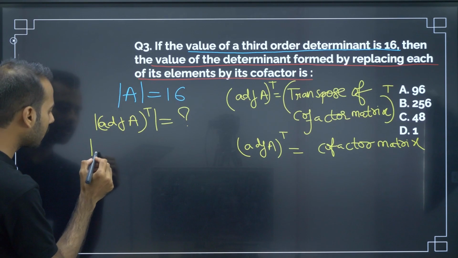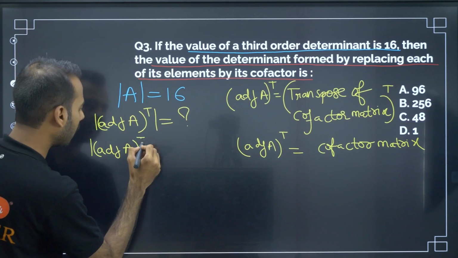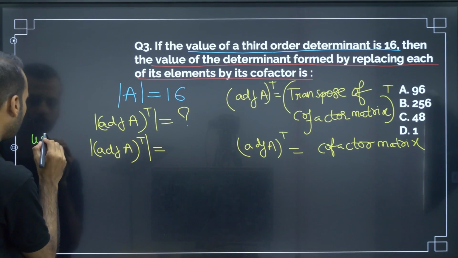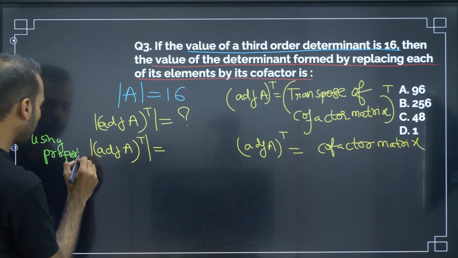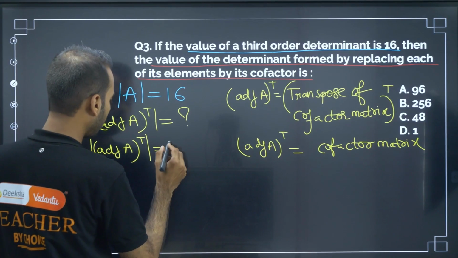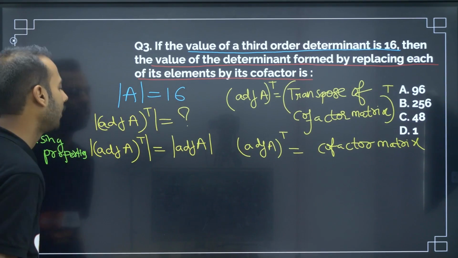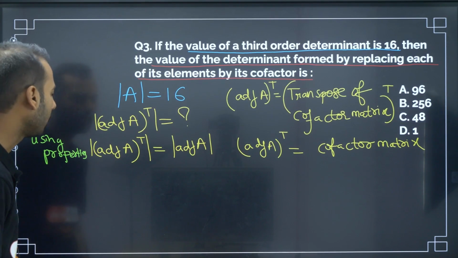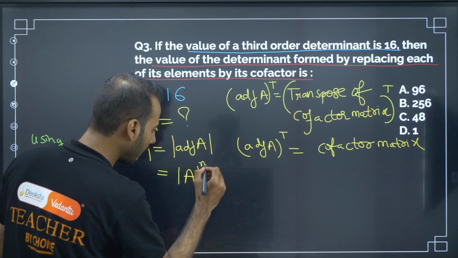Now using properties, we can write adjoint of A transpose is equal to, using properties, determinant of adjoint of A. Determinant of adjoint of A transpose is determinant of adjoint of A. Next, adjoint of A can be written as determinant of A to the power n minus 1.